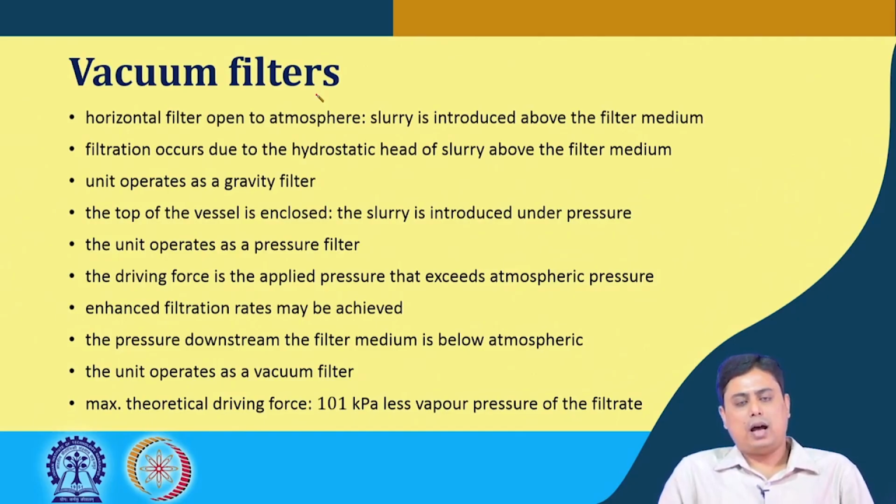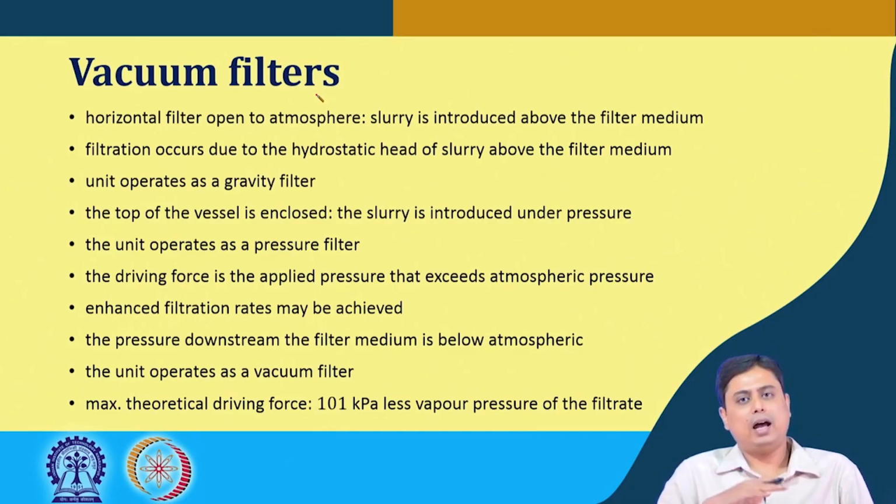Now, the other scenario is that the bottom surface is now somehow below the atmospheric pressure you have maintained, and then this whole unit operates as a vacuum filter. Since the pressure below the filter medium is lower than atmospheric pressure, we call this a vacuum filter.